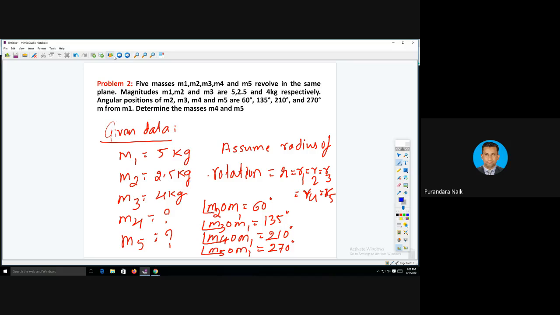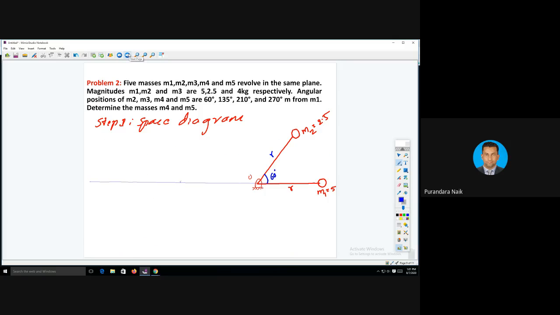Next is third mass M3. M3 is 4 kg, but M3 is inclined to M1 at 135 degree. So take 135 degree from M1, zero. 135 will be somewhere here.